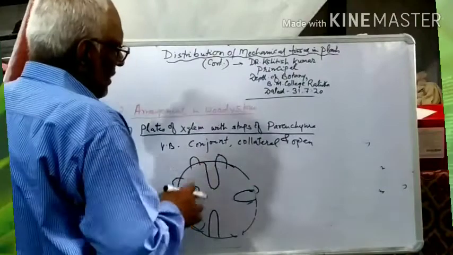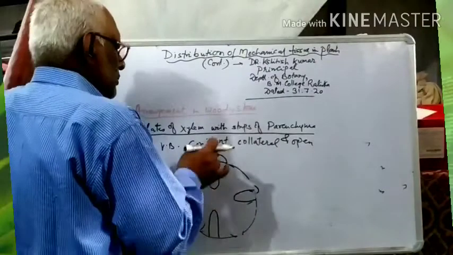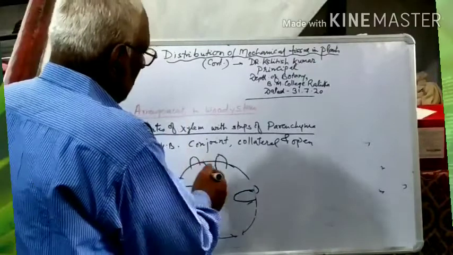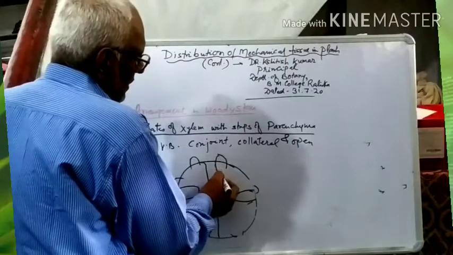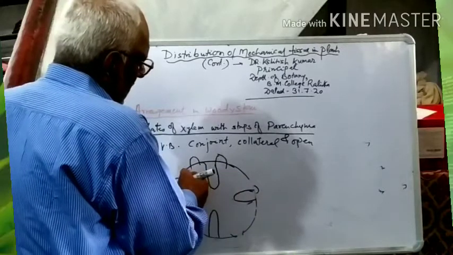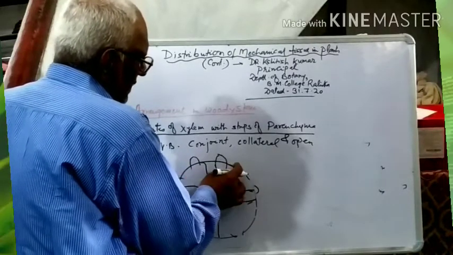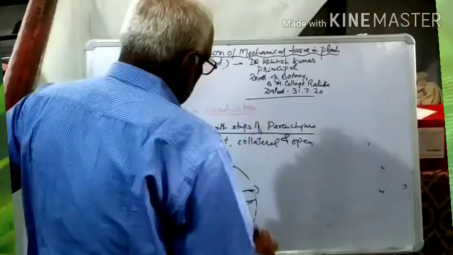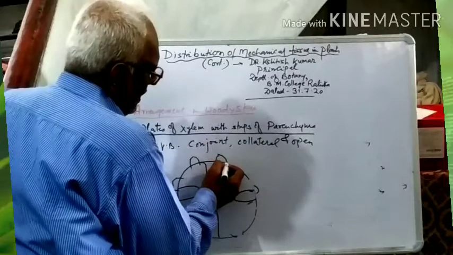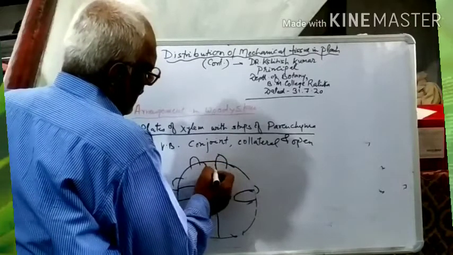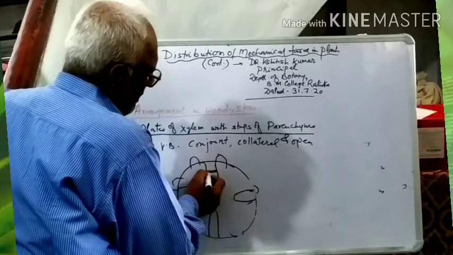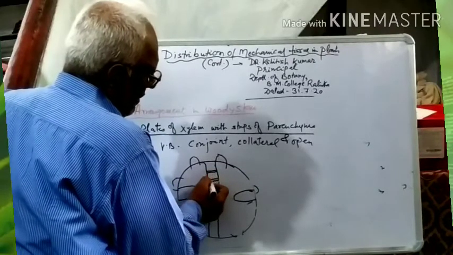But here xylem and phloem are both cut, and in between them there is parenchymatous tissue. That cambium cuts parenchymatous tissue, and in the phloem there are patches of sclerenchyma.